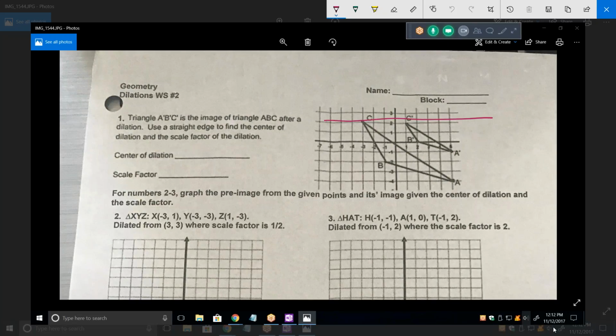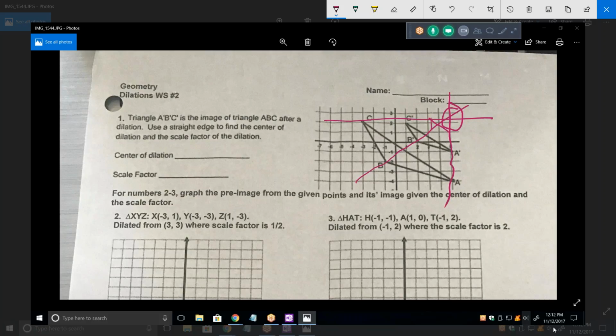When we figured out the center of dilation by finding the intersection of the 3 vertices, now you can kind of see that if I gave you the center of dilation, the scale factor is getting smaller the closer we get to that center of dilation, right?